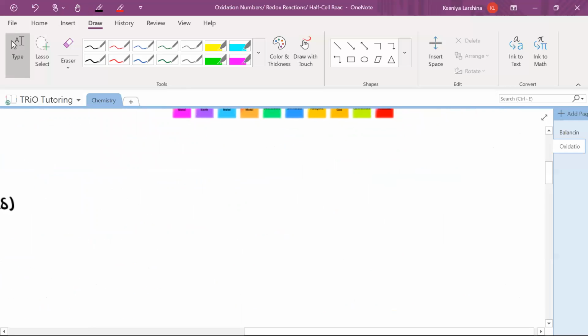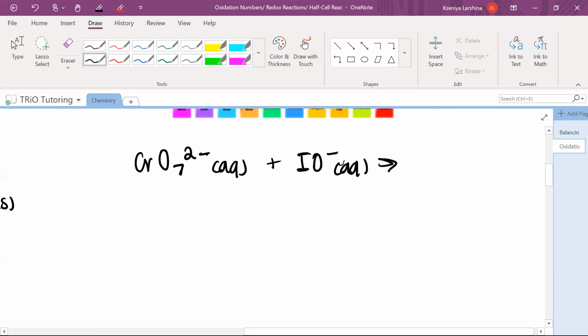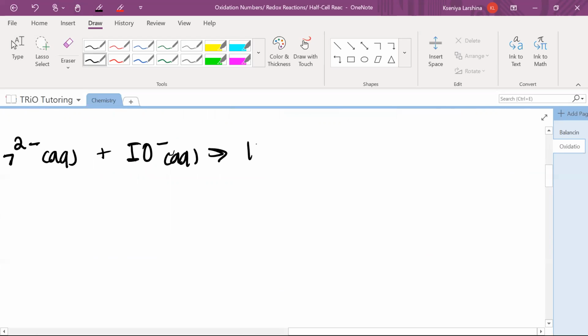Another example would be Cr2O7 2 negative plus IO negative aqueous going into IO3 negative aqueous plus Cr3 plus aqueous.